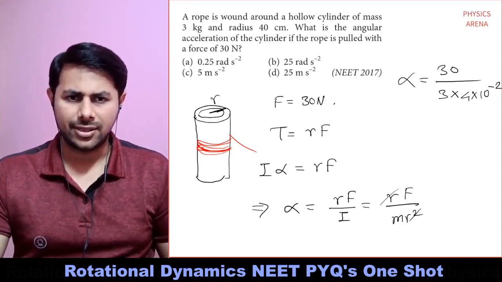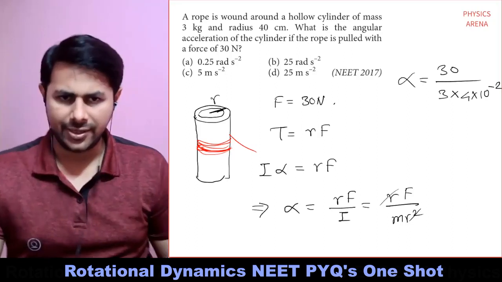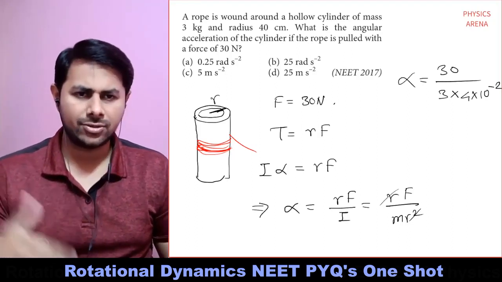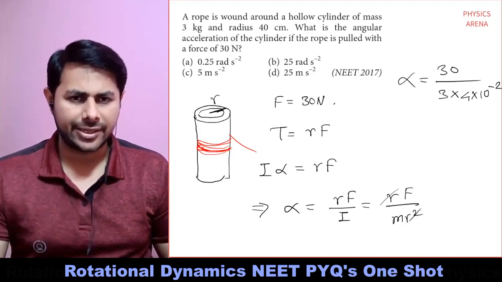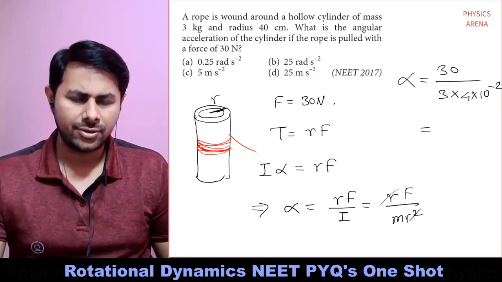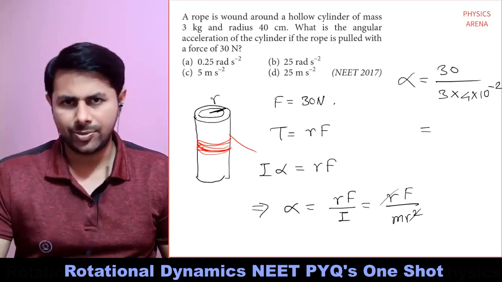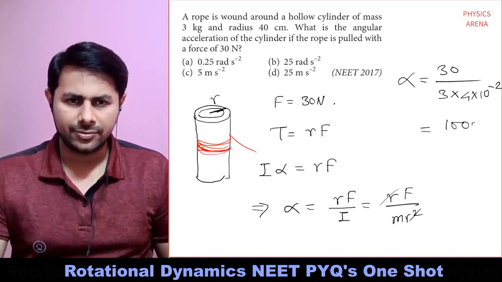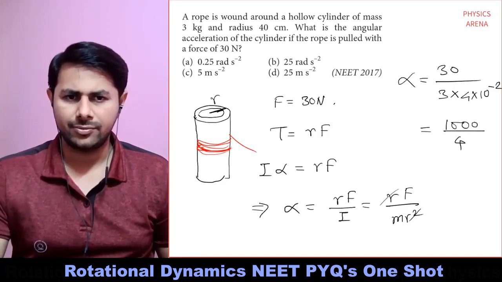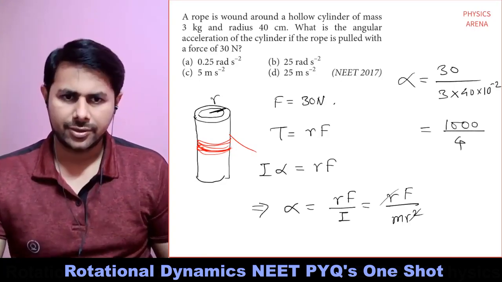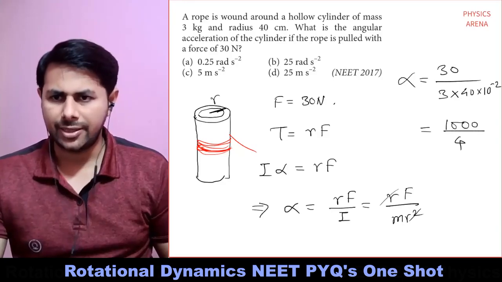So 30 divided by 3 is 10. You take 10 raised to minus 2 in the numerator, it becomes 10 raised to plus 2. So 10 times 10 raised to plus 2, this is 1000 divided by 4. So then it will be 100 divided by 4.